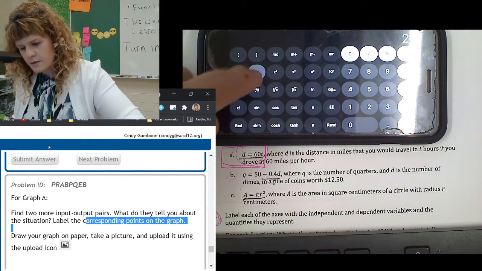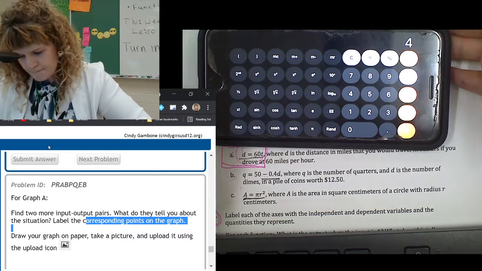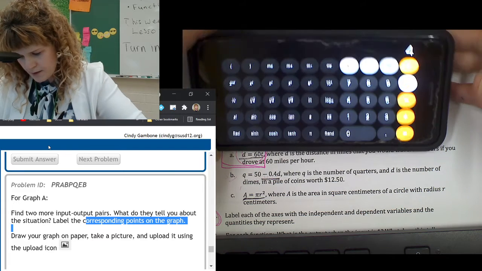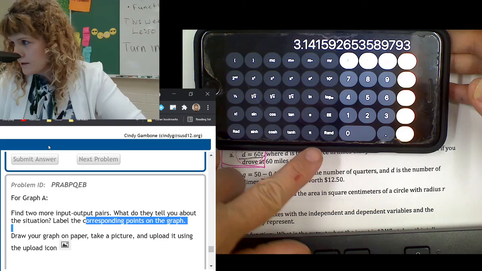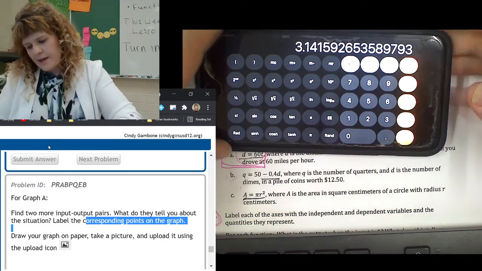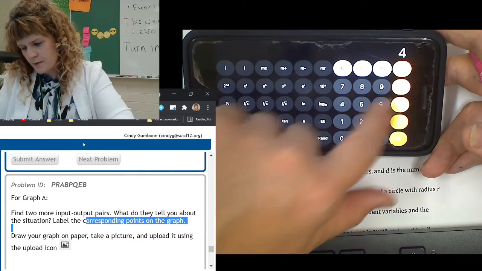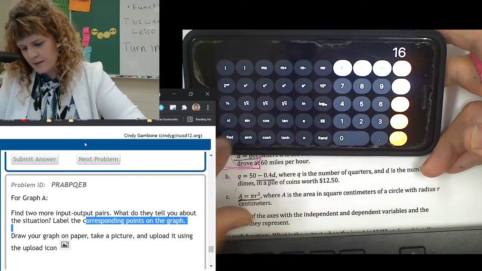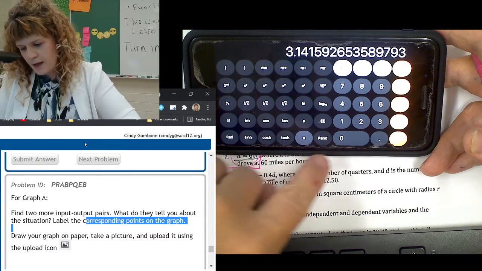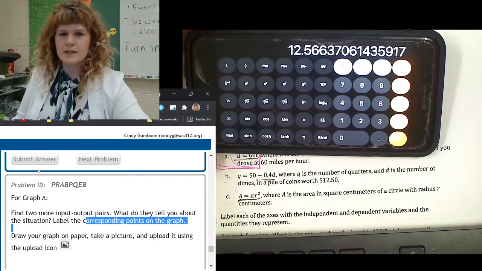So 2 squared is 4 times pi. Pi is right down here. It's not doing the order of operations that I want. I'll start with pi times 4, 12.56.